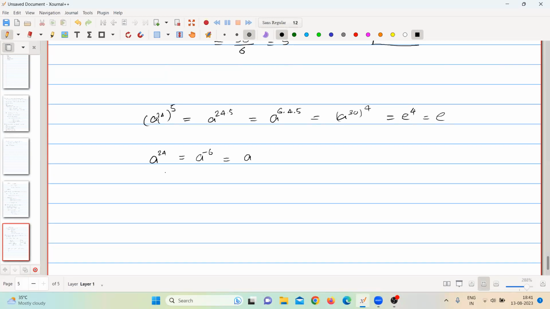This I can write as a power minus 6 into 5 and a power minus 1 into 30, or a power 30 inverse. Since the order of a is 30, a power 30 will be identity, and this identity equals its inverse.